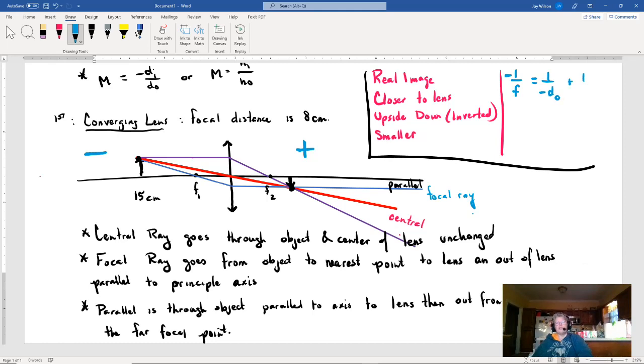And our image in this case is the eye. So, here's how we're going to do that. What are our sign conventions going to be? For a converging lens, focal is negative. Object is.